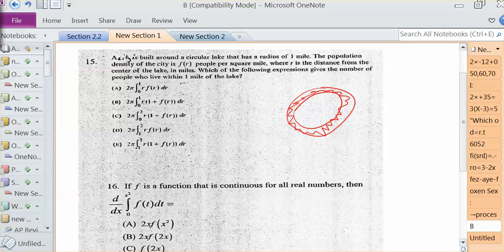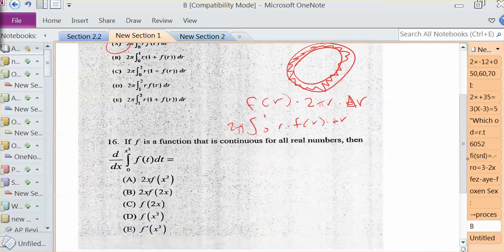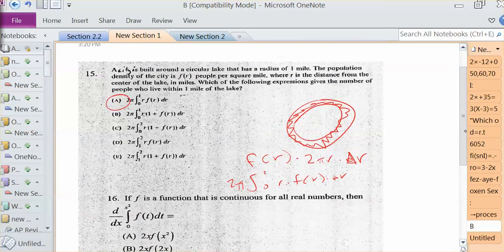I don't know. So the way this is going to work, f of r is the number of people, and if we take the circumference times the thickness of the circle, or we treat it like an integral, where we go from 0 to 1, pull the 2 pi out, r times f of r times dr. In this case, we get A. So we may have to talk a little more about this later in class, but we won't have that on our final.